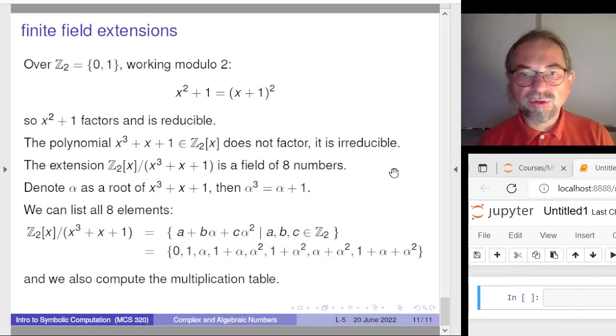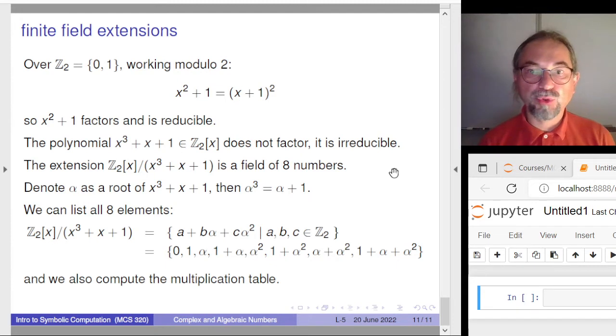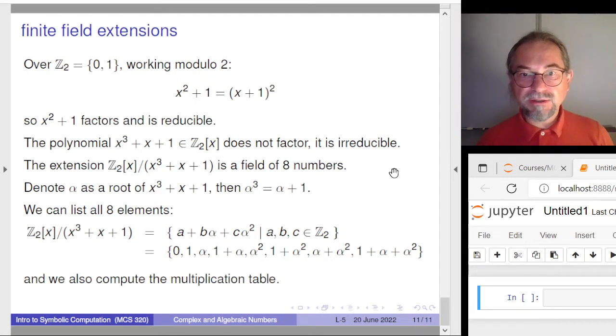If we denote alpha as a root of x to the power 3 plus x plus 1, our irreducible polynomial, then we can simplify every power of 3 into a lower degree polynomial. In particular, alpha to the power 3 is alpha plus 1.